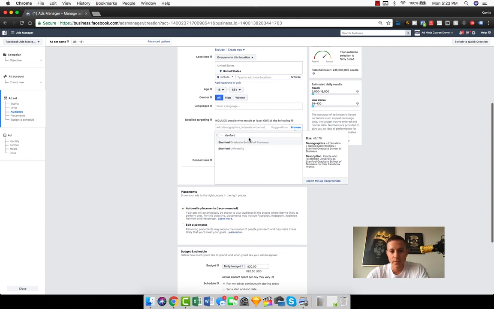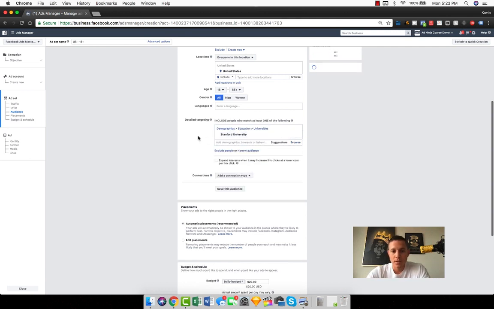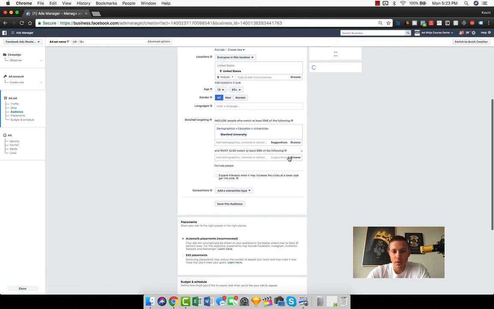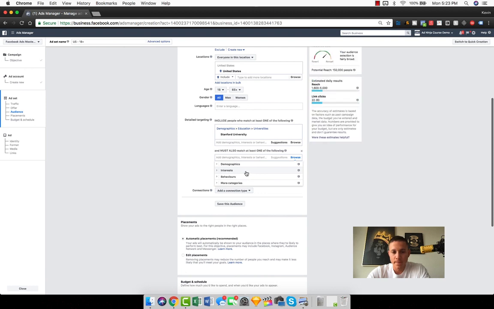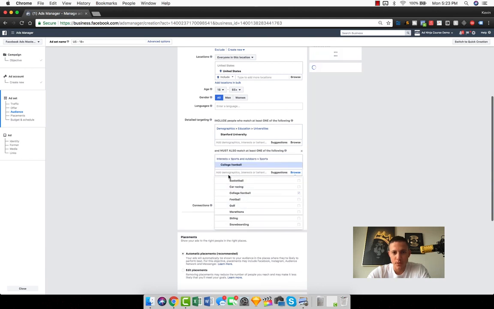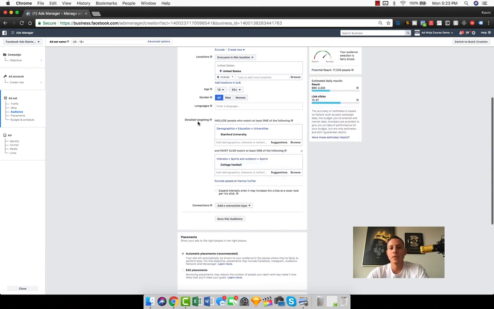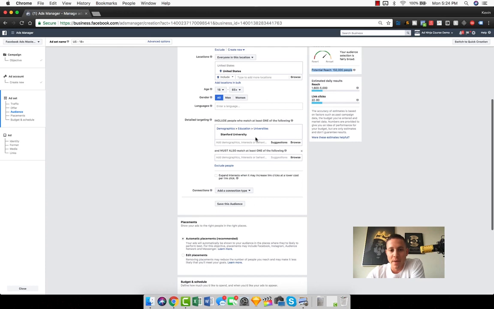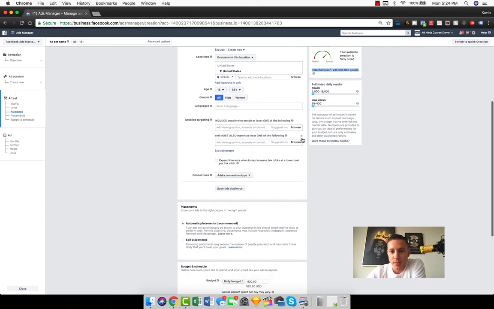You could do Stanford, and then you could say and must also match, and you could do interests here, sports and outdoors, sports, and you could do college football, right? So now we know that Stanford University and must also like college football. It cuts us down to 17,000 people, and then we sell them Stanford football jerseys, and that's just a beautiful, perfect example of the magic of Facebook ads.